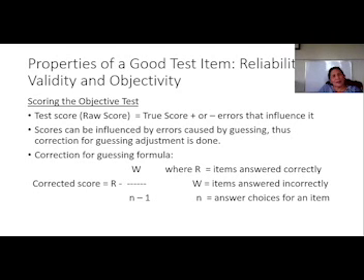Let's say you answered correctly 20 out of 35. So the R there will be 20. Therefore, if you answered all of the items, your wrong responses will be what? 15. Right? Okay. Let's look at the divisor. The divisor is N minus 1. What is the N? The N is the number of options.